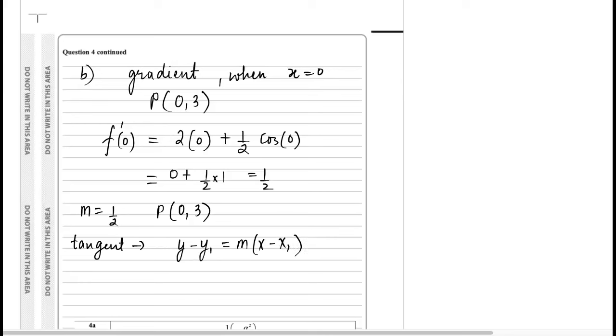Or you can also use y equals mx plus c, because your x coordinate is 0. So y minus y1 is y minus 3 equals m, which is half, times x minus 0. If you simplify it more, you're going to get 2y minus 6 equals x.